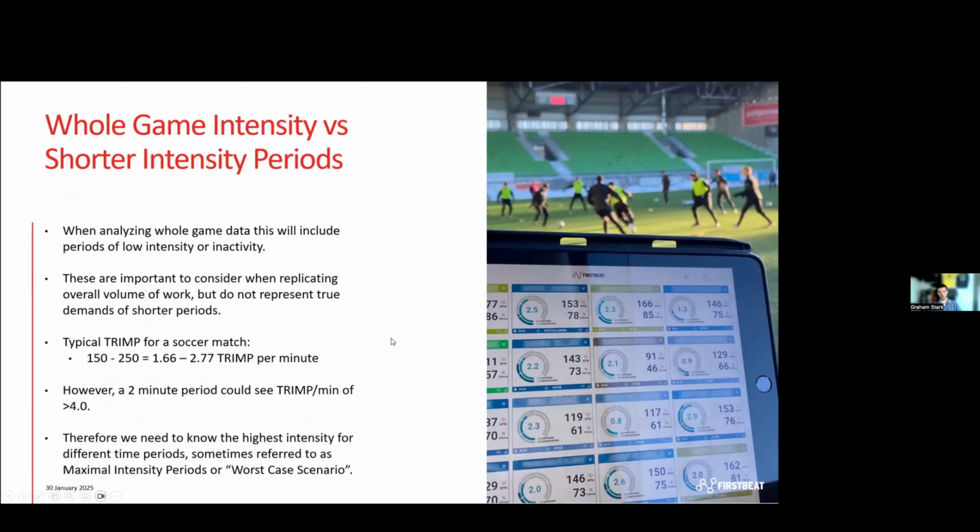As I've already mentioned, looking at the whole of the game and then the shorter periods within it can give quite different pictures of what is required of the players.